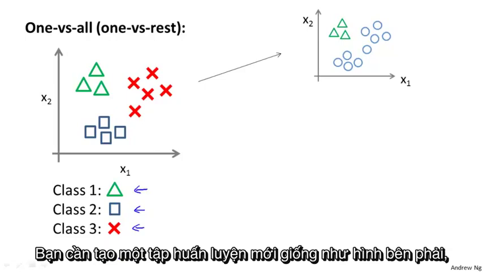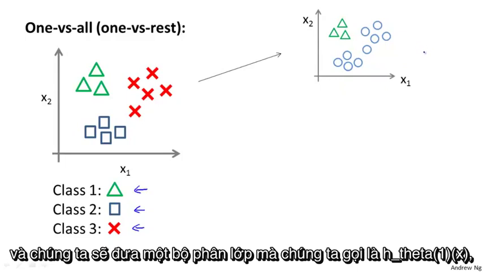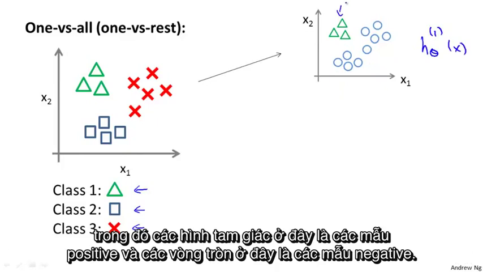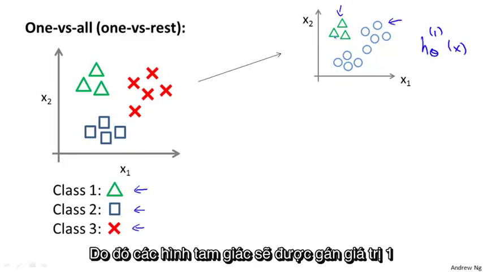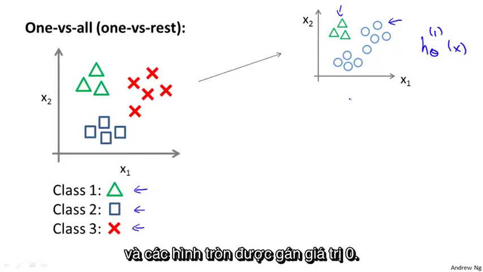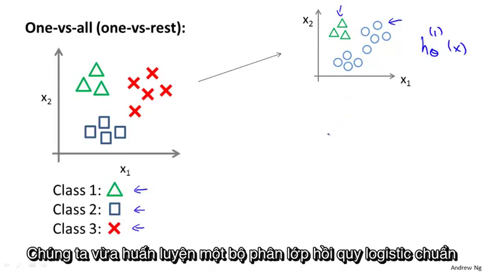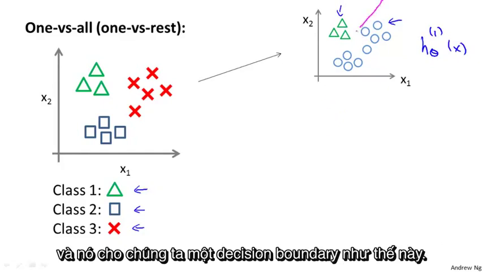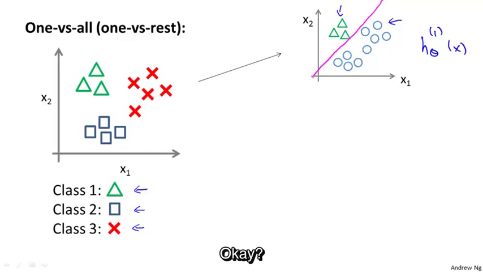We're going to create a new training set like that shown on the right, and we're going to fit a classifier, which I'm going to call h subscript theta superscript 1 of x, where here the triangles are the positive examples and the circles are the negative examples. So think of the triangles being assigned the value of 1 and the circles the value of 0. And we're just going to train a standard logistic regression classifier, and maybe that will give us a decision boundary that looks like that. Okay?